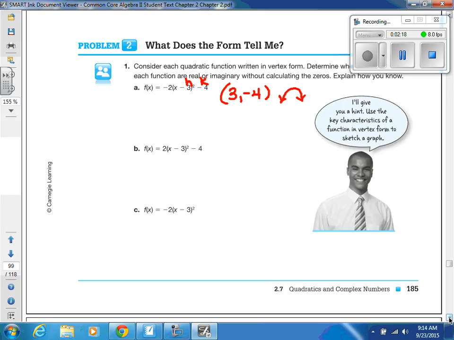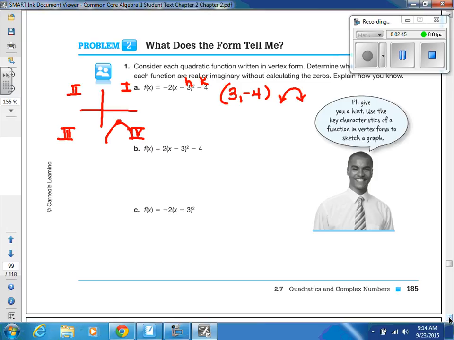Is that enough information? Where's 3, negative 4? What quadrant? The fourth quadrant. It's down here in the fourth quadrant. In which direction does it open? So is that enough information to know if it has real or imaginary zeros?